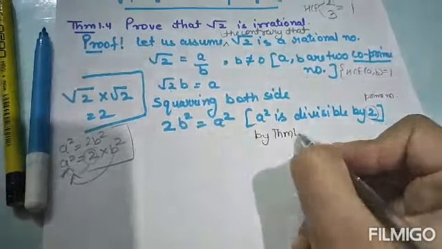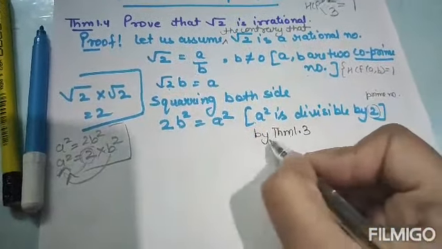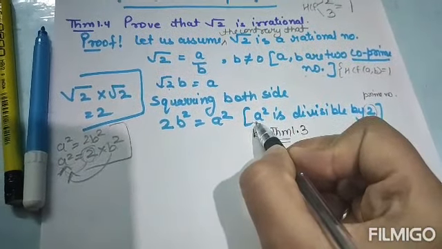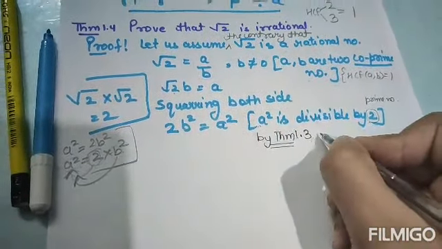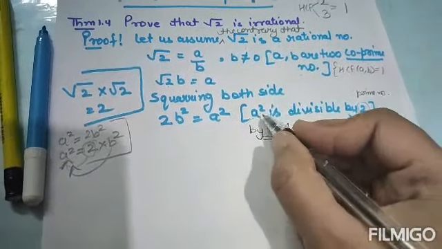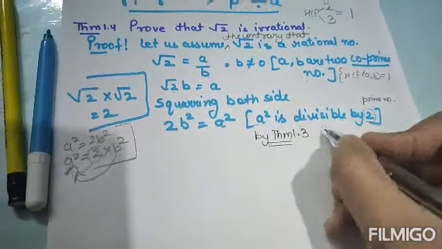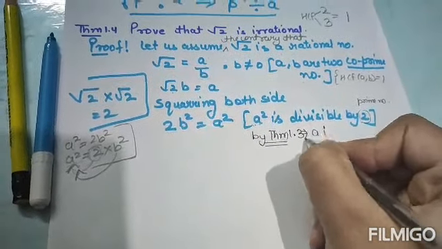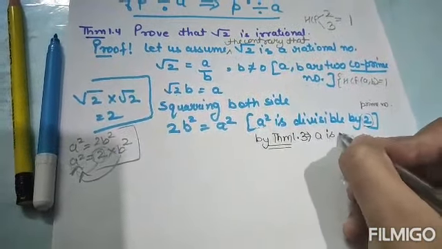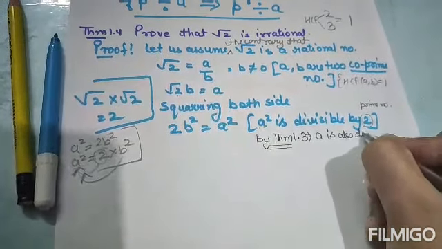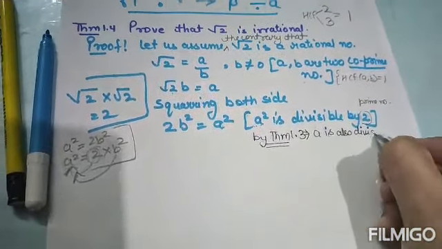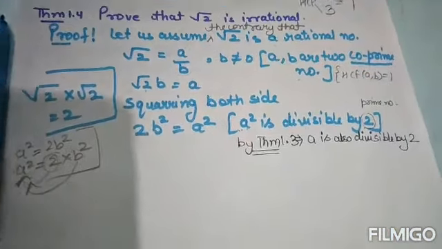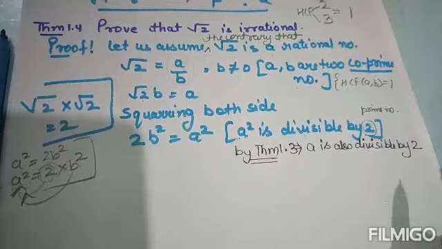अभी इससे पहले हमने एक थ्योरम पढ़ी थी 1.3 which states that if a prime number divides the square of any positive number, then this a implies a is also divisible by the prime number 2.